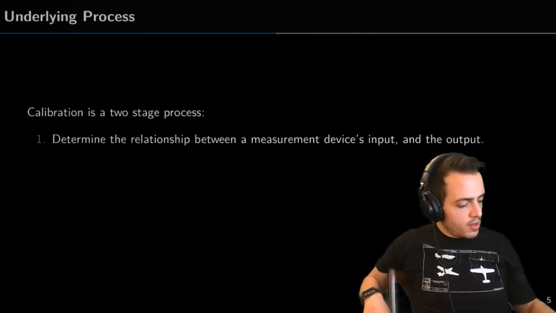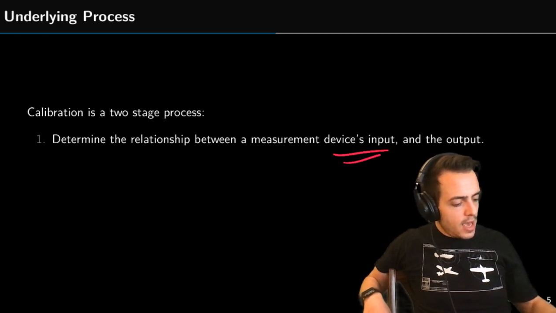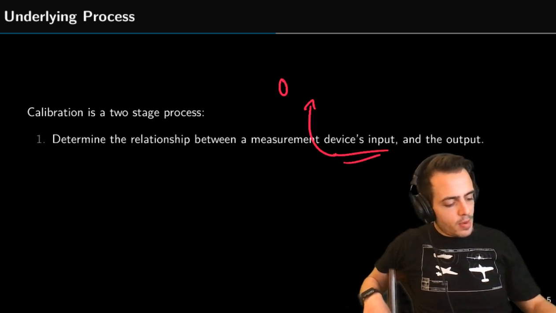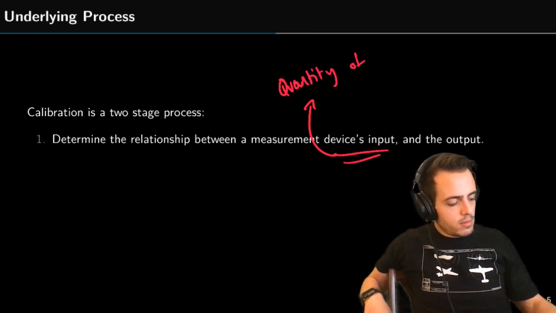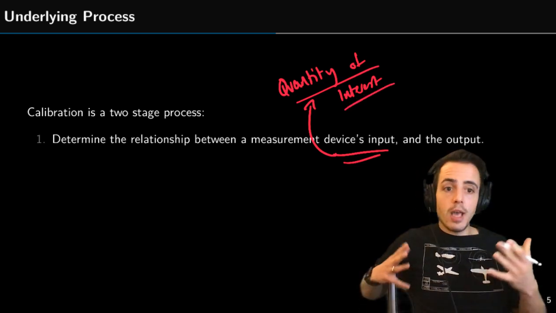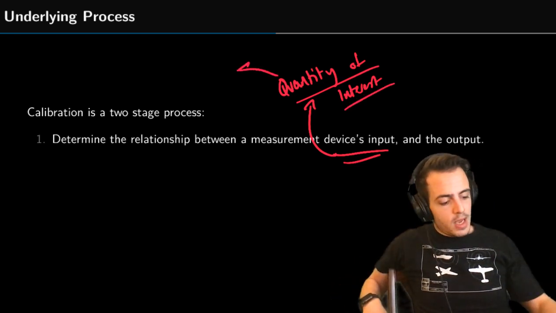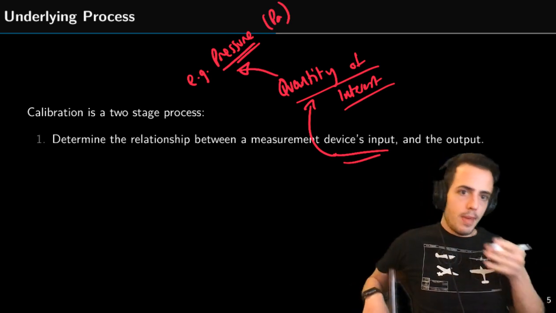So let's think about what these terms mean. The input to these devices is what we call the quantity of interest. For a pressure transducer, this would be pressure, which we measure in pascals or newtons per square meter.